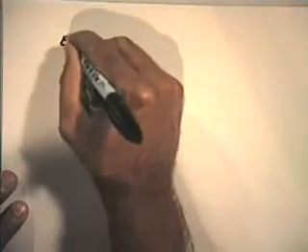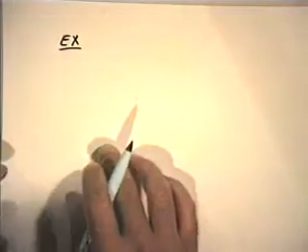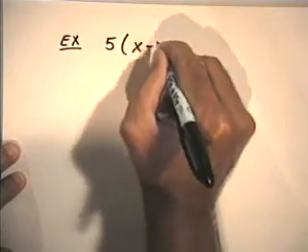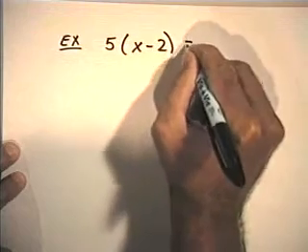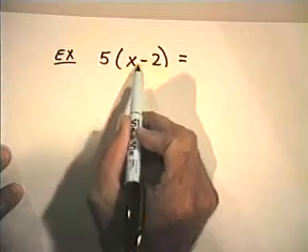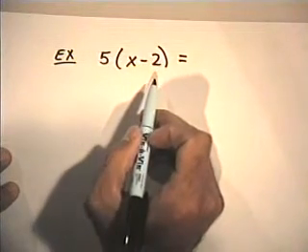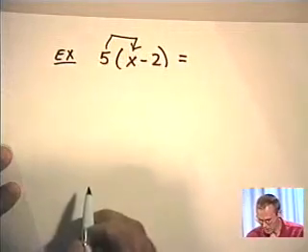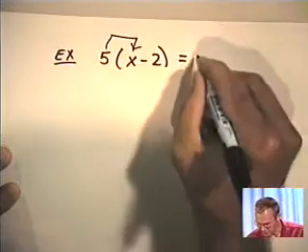Now, let's try an example that does not include all numbers. Let's do an example maybe if we have a variable in the problem. Okay, so I've got 5 times the quantity x minus 2. I'm going to use the distributive property to simplify. Distributive property says I take the 5, I multiply it by the first term.